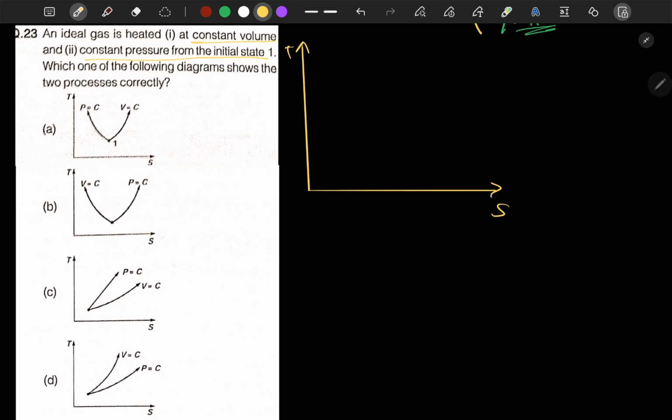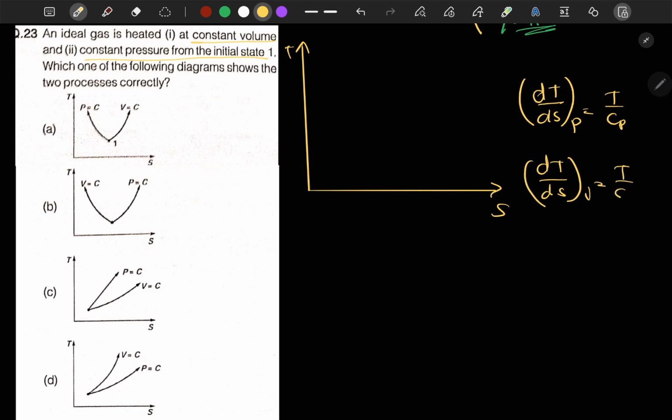The slope of the curve for constant pressure is equal to T by Cp, and for constant volume it is T by Cv. Since Cp is greater than Cv, the slope for constant volume is greater than the slope for constant pressure. So this should be our constant volume, and this should be our constant pressure. So option D is correct.